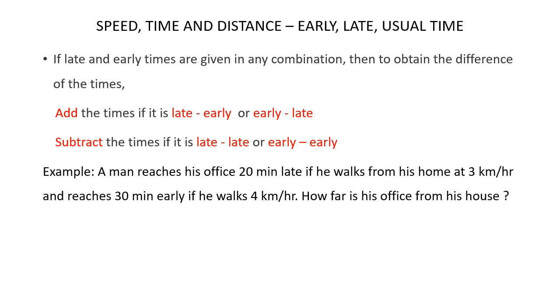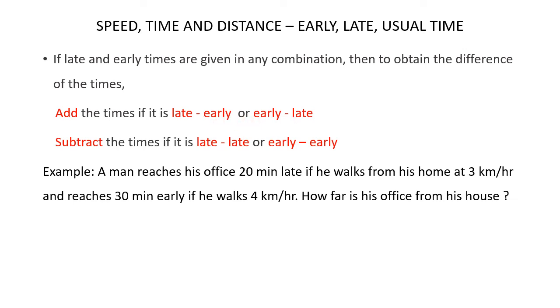This is a very important concept to remember for solving problems on early, late and usual times. So add the times if the times given are different, late, early, early, late.